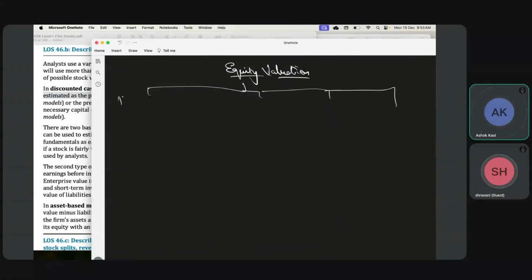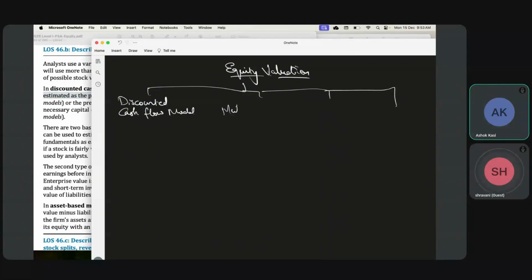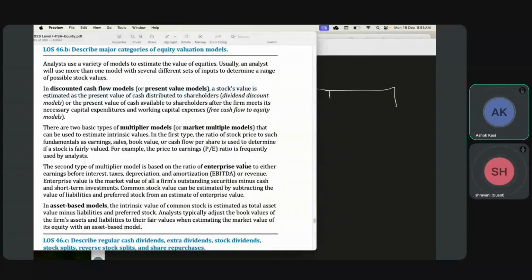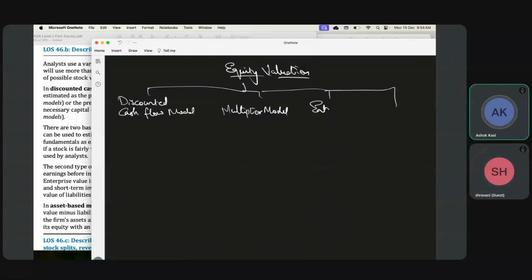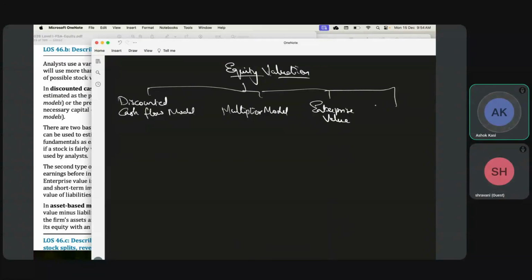Discounted cash flow model. Then second one is multiplier model. Then enterprise value model. And then fourth one is asset-based model.